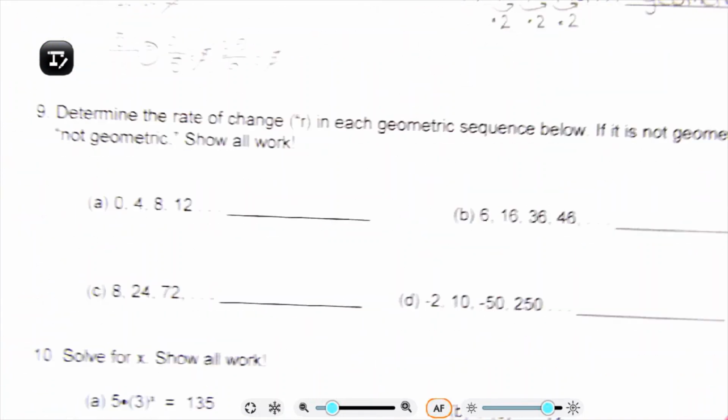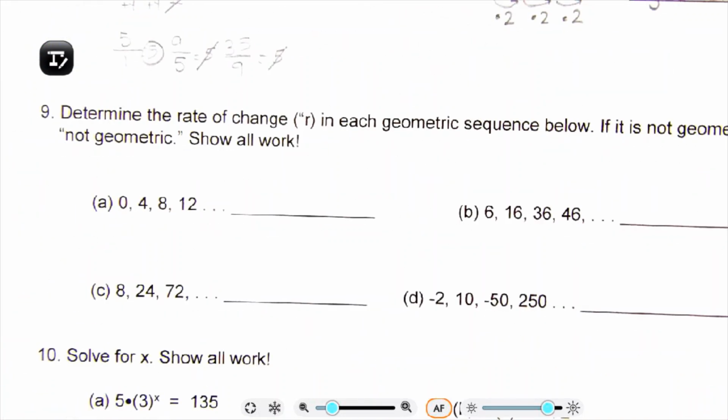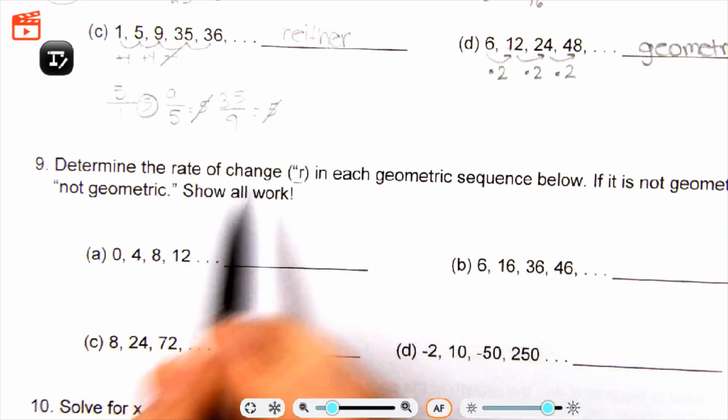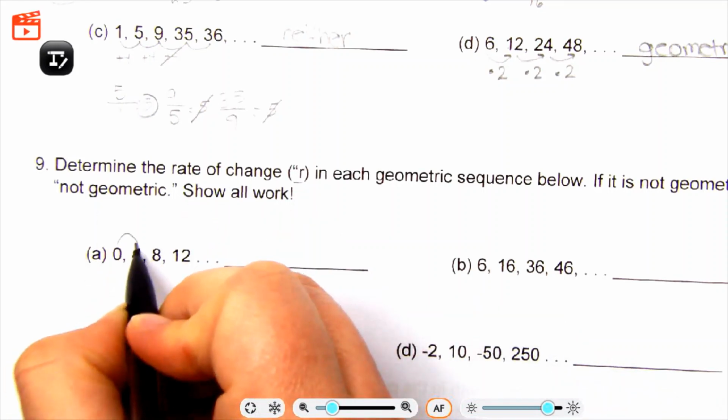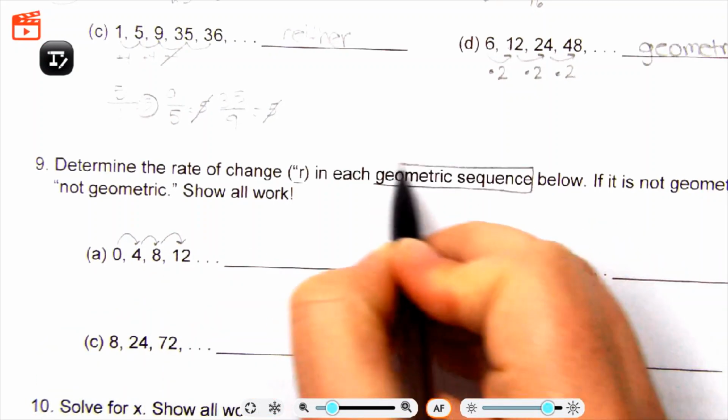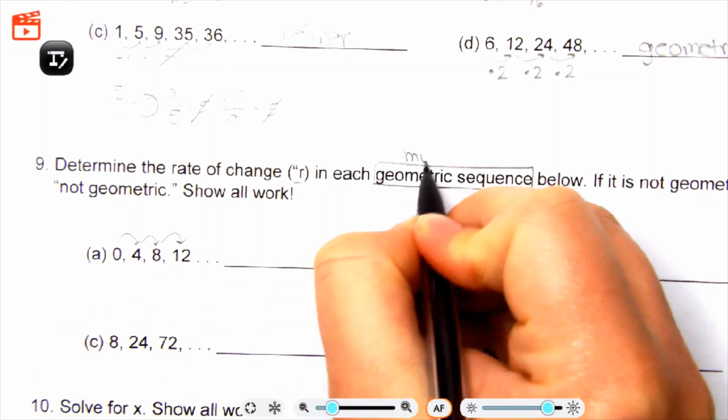Okay, number 9. Determine the rate of change, r, in each geometric sequence below. If it is not geometric, say not geometric. Show all work. So we're going to say what our common ratio is, or the rate of change. Let's see, 0 to 4, 4 to 8, 8 to 12, and it has to be a geometric sequence. Remember, this means multiply.